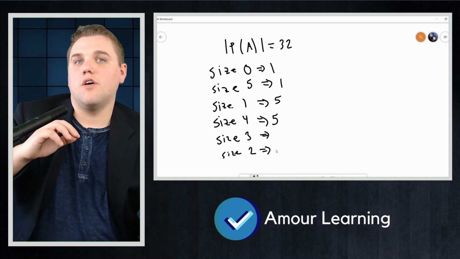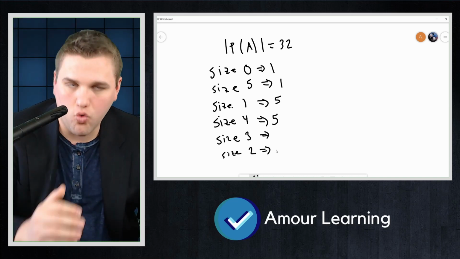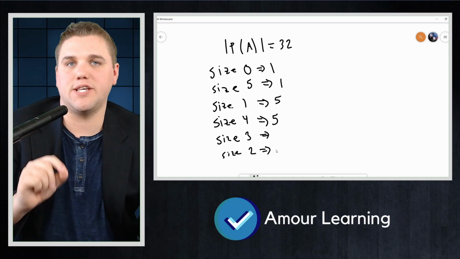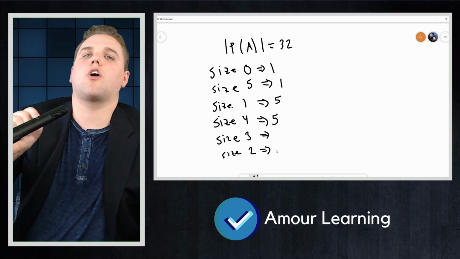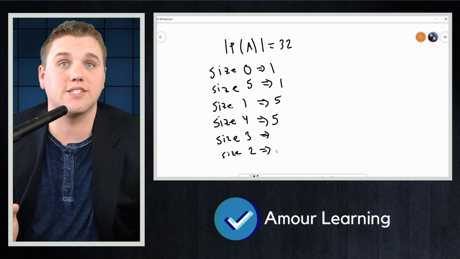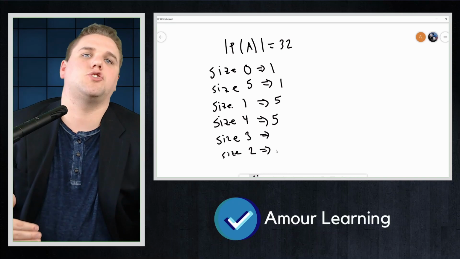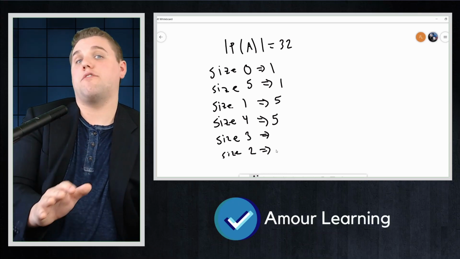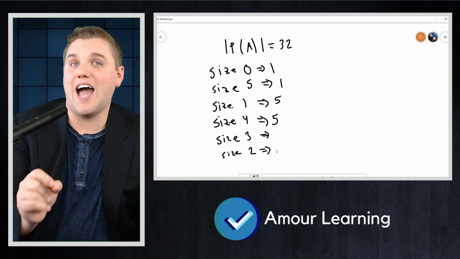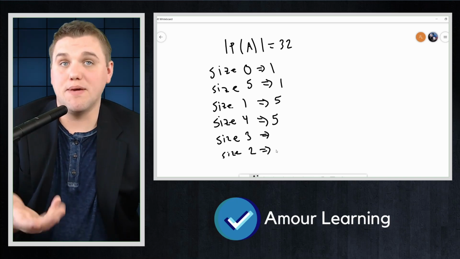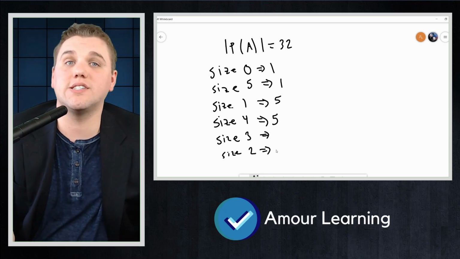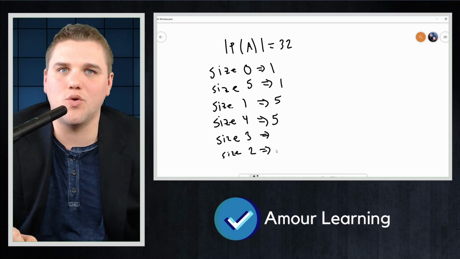Now, we're just missing size 3 and size 2. So far we have counted 12 of the 32 subsets. We have not yet counted the subsets with cardinality 2 and with cardinality 3. There are a total of 20 subsets left to split up between these 2 groups. But the number of each must be the same. If we say yes to exactly 2 elements, that can be accomplished in exactly the same number of ways as the number of ways we can say no to exactly 2 elements.